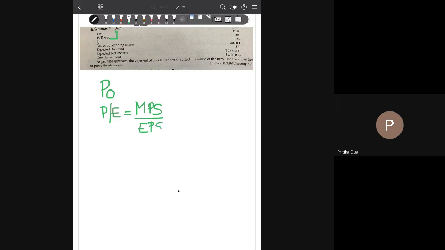So I am not given the market price right now. I will use this equation, and accordingly I get that P0 market price is coming to rupees 100, because PE is 10 times EPS is rupees 10. So you get the market price of the share as rupees 100.